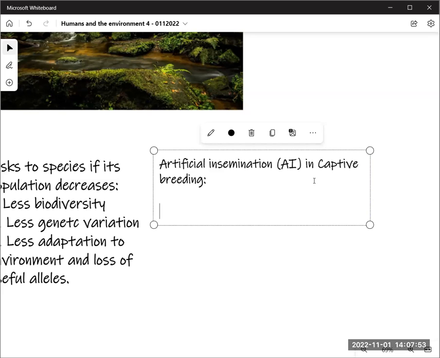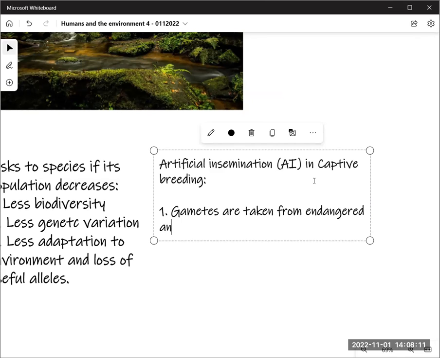First thing is step one. Step one is gametes are taken from endangered animals to, which is in vitro fertilization.